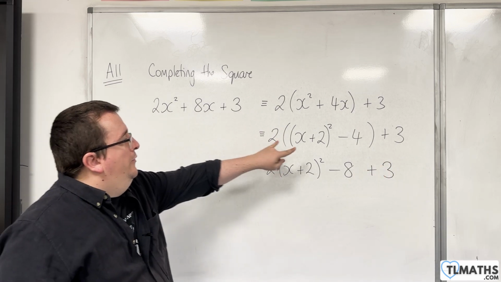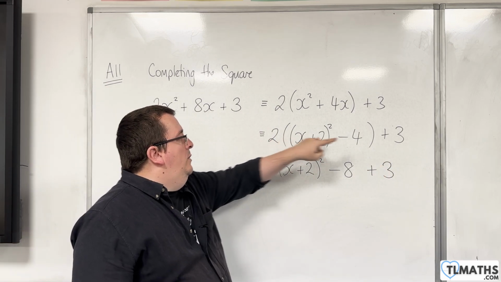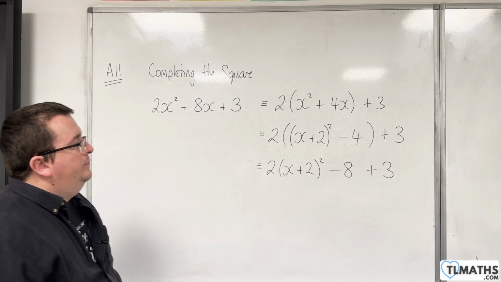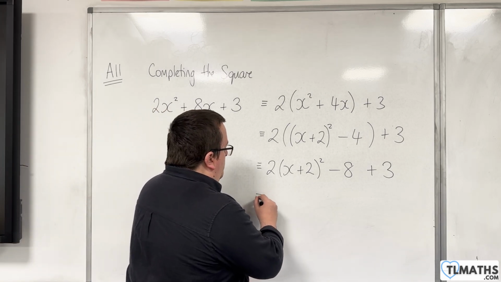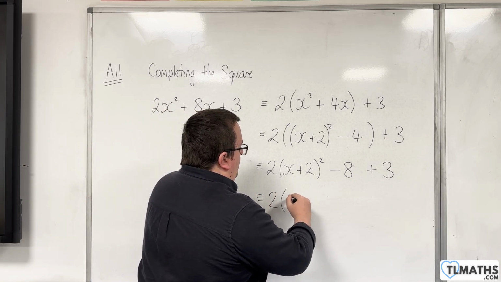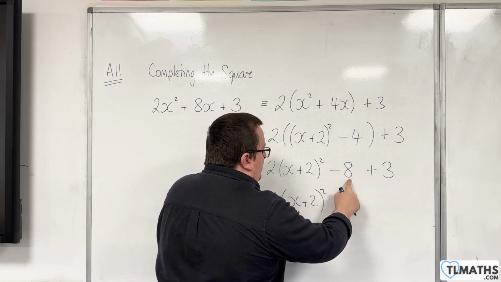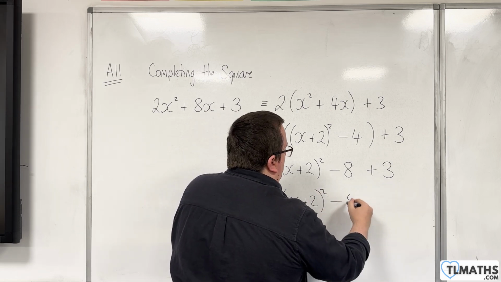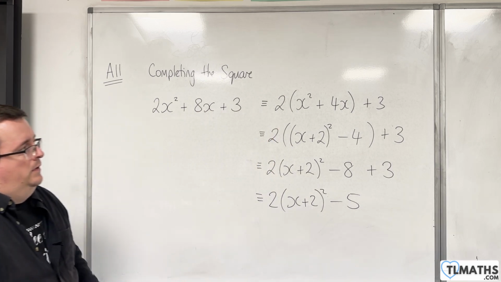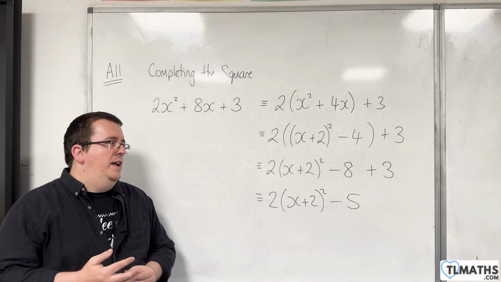So we've done 2 lots of that term, then 2 lots of that term. We're almost home and dry. We'll have 2 lots of x plus 2 squared, then we've got minus 8 plus 3, which is minus 5. And now we're done. Okay?